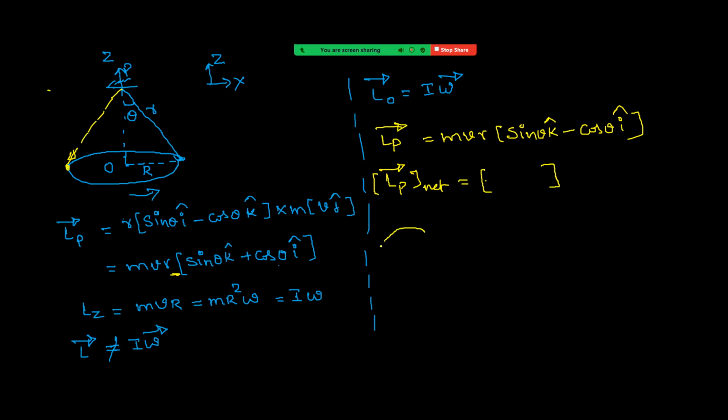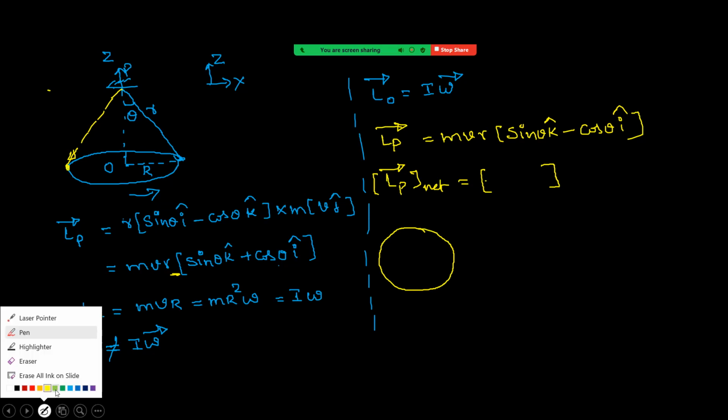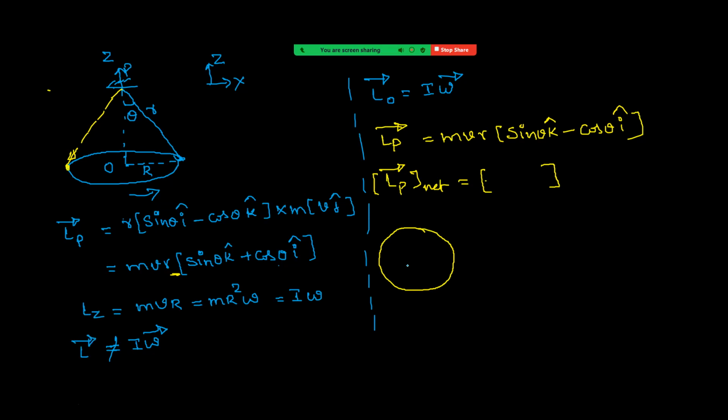Suppose we are taking a uniform ring, and the axis of rotation is about its own axis, meaning passing through the center of mass, normal to the plane of the ring.